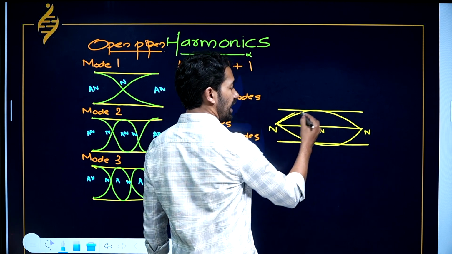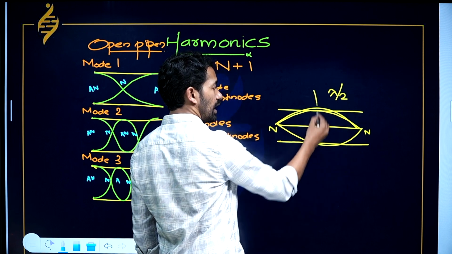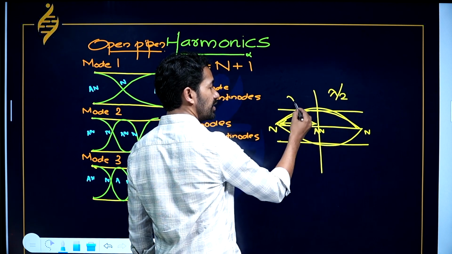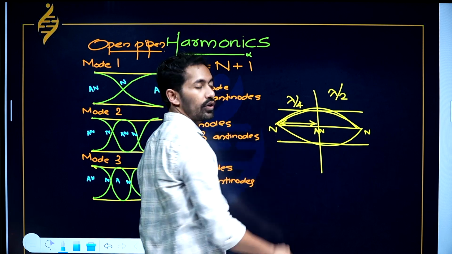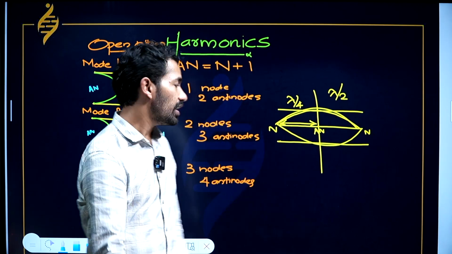You know that this entire length is lambda by 2. So half of that, from a node to an antinode, the distance will be lambda by 4.